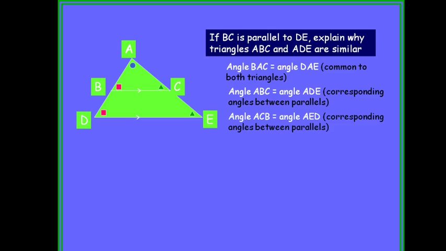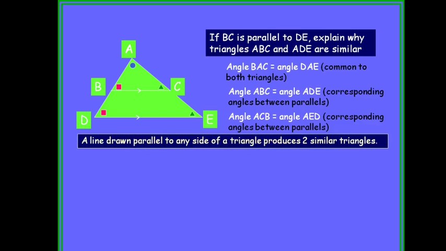Now we have another pair of corresponding angles, ACB, which is equal to AED. So these three pairs of corresponding angles are equal, congruent to each other. A line drawn parallel to any side of a triangle produces two similar triangles.